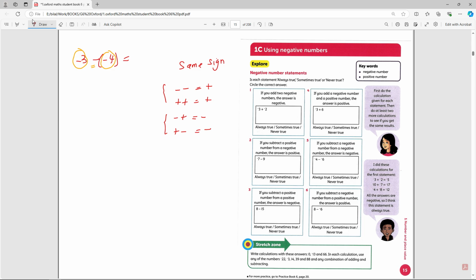Here, different sign. Get me? When different sign, it gives you always negative. But in the same sign, no matter what, positive or negative, it gives you positive.